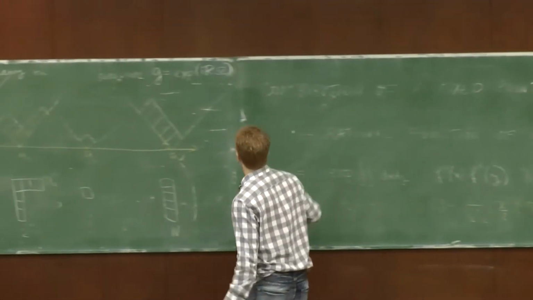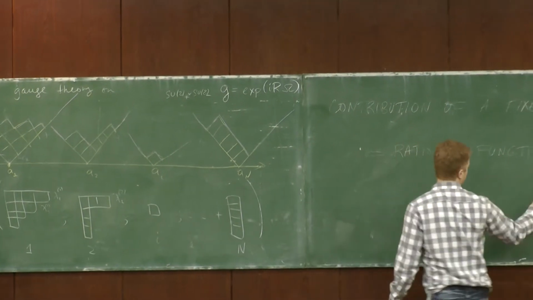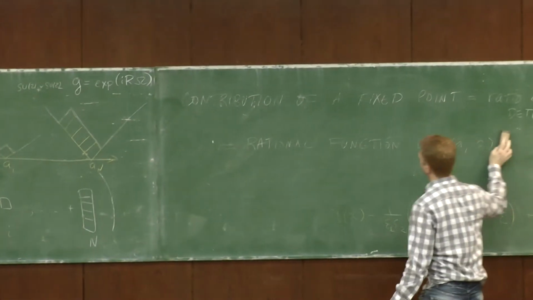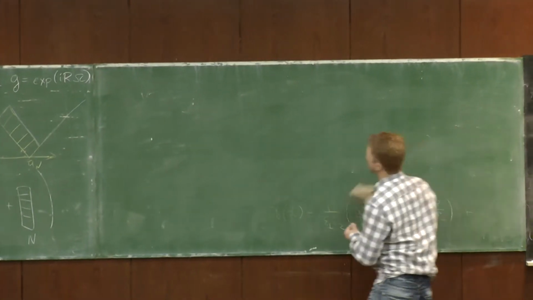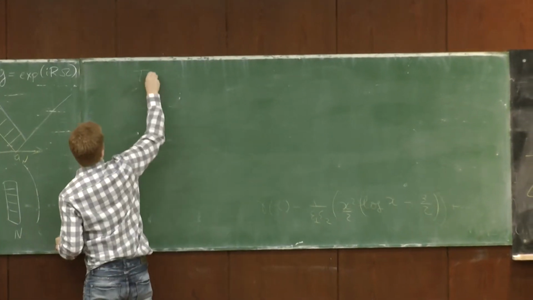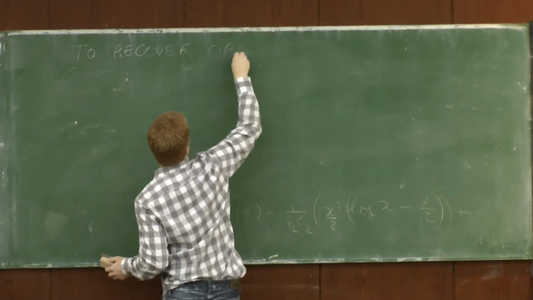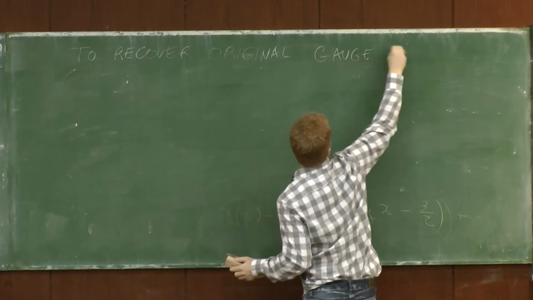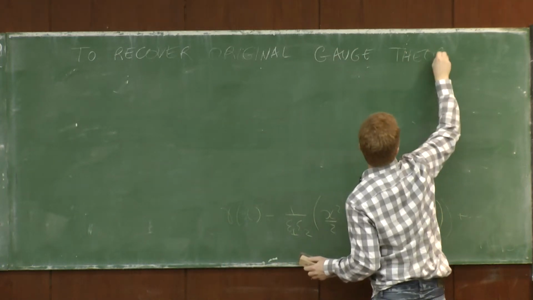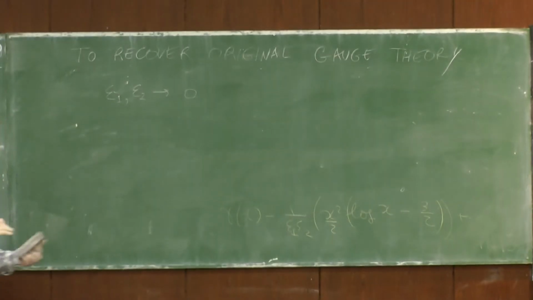And then, if we are interested in the original gauge theory, which lived in flat space-time, well, we need to send epsilon 1 and epsilon 2 to 0 to remove the Omega deformation.